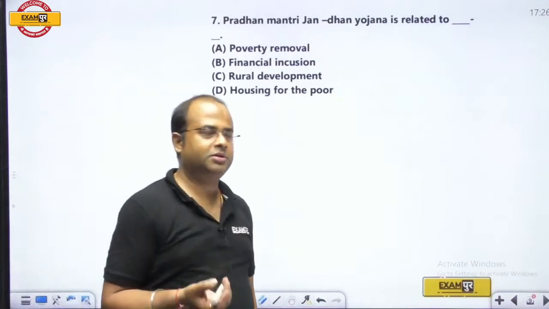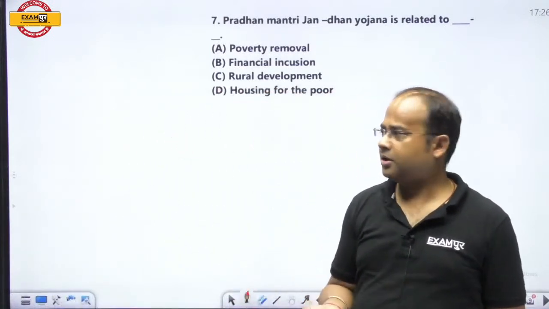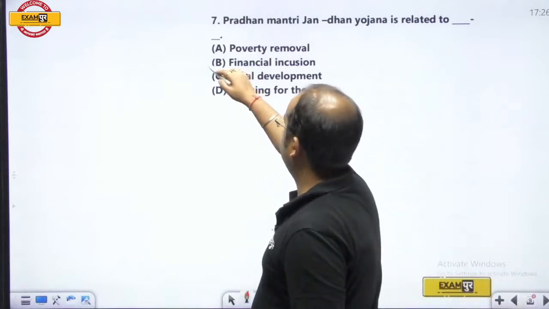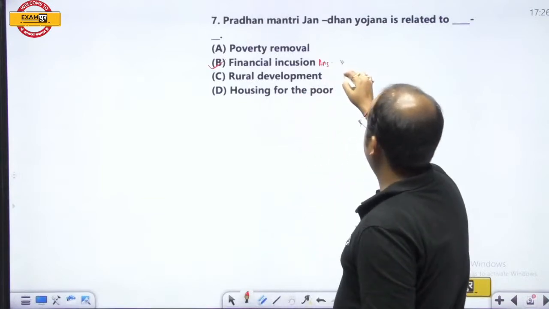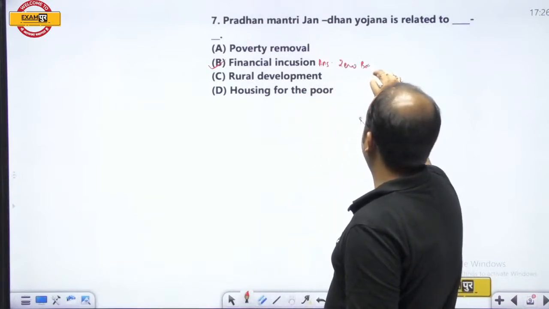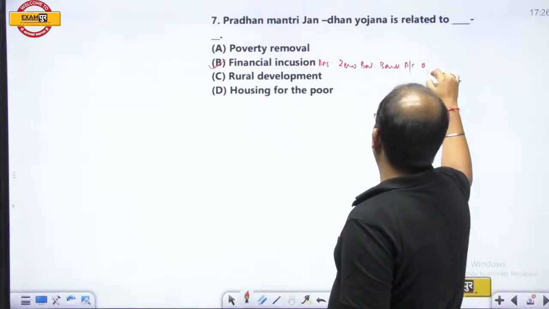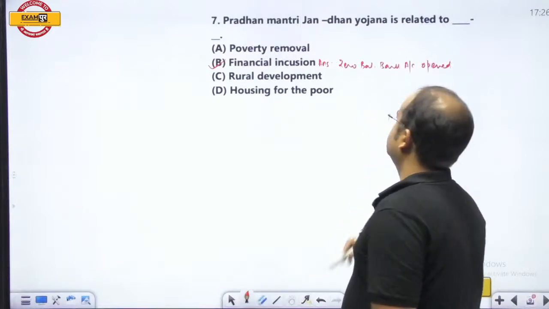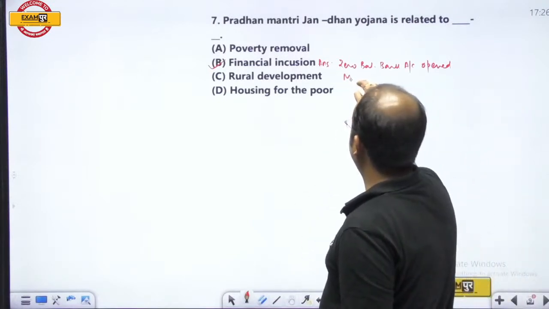It's a very ambitious program. In 2014, it was launched, in fact. So Pradhan Mantri Jan Dhan Yojana was for financial inclusion. In this, a zero balance bank account was opened with minimum documentation.